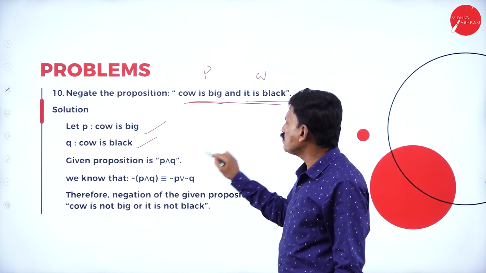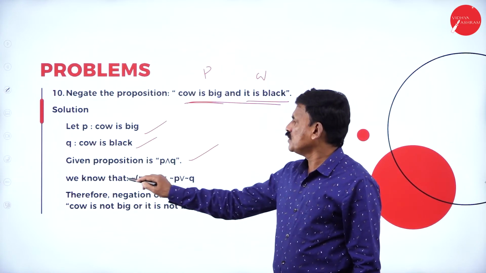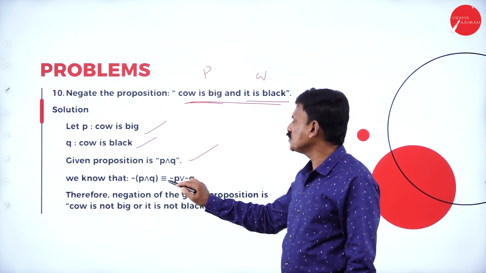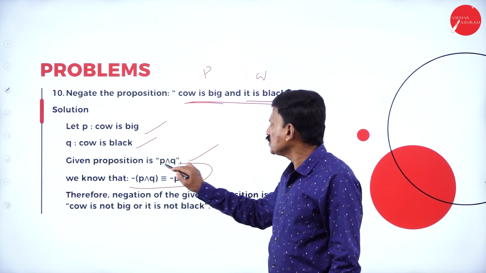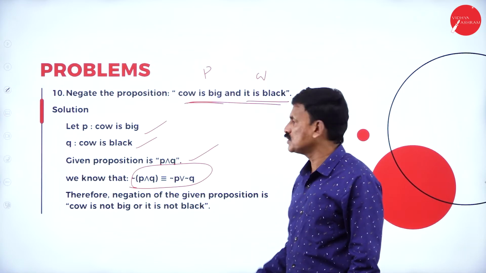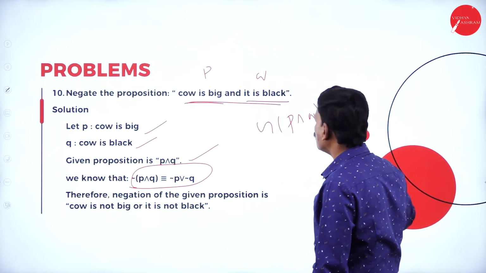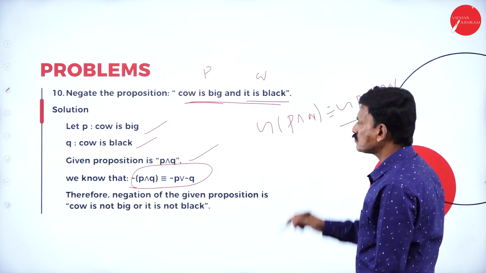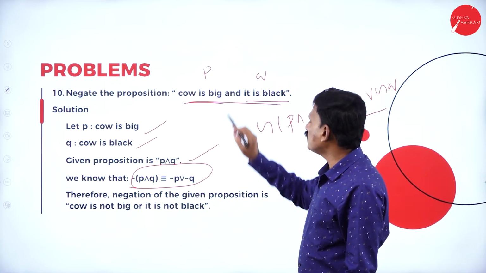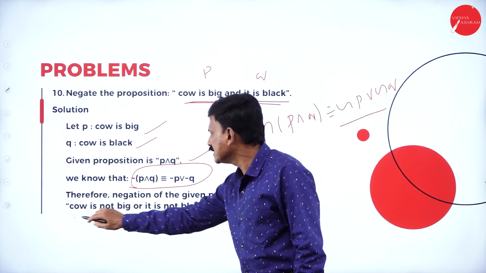Given proposition is P conjunction Q. Right. So we know that negation of P conjunction Q is negation of P disjunction negation of Q. Therefore, the negation for the given statement is cow is not big or it is not black.